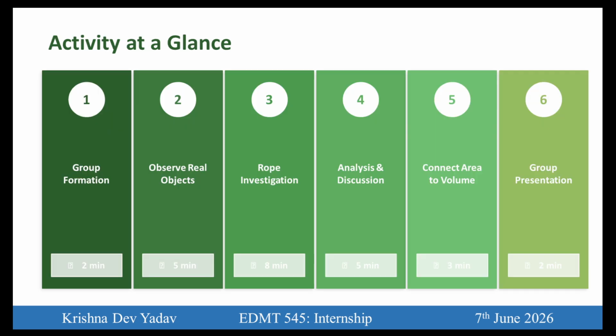Now let me explain how today's activities will be conducted. First, participants will be divided into small groups. This will take about 2 minutes, and then each group will observe real objects or pictures of traditional containers for about 5 minutes. After that, each group will receive a rope and perform investigations.